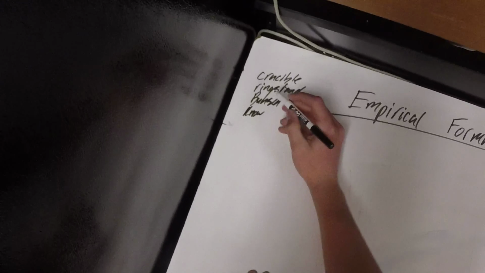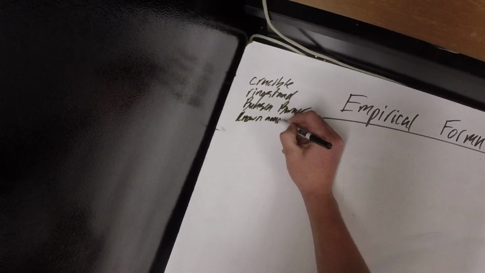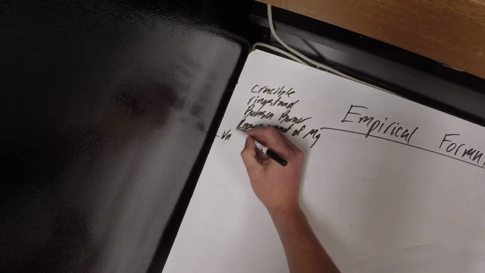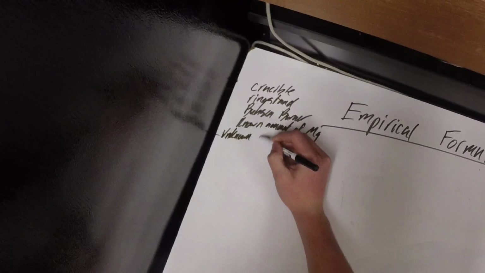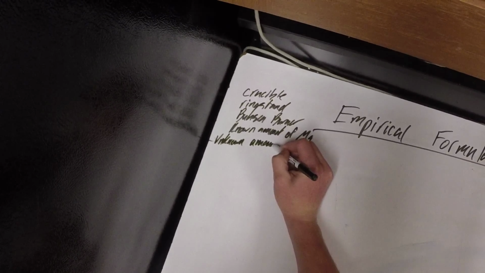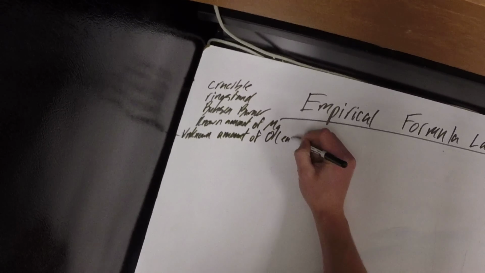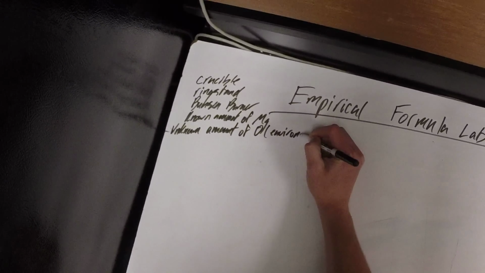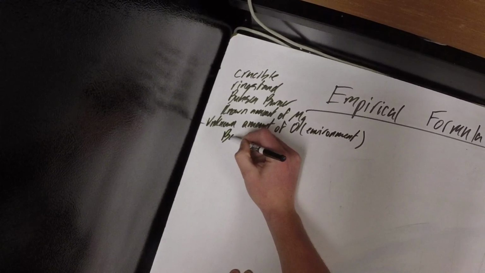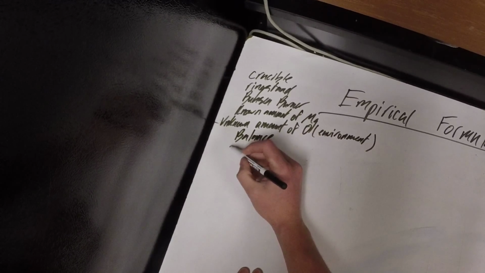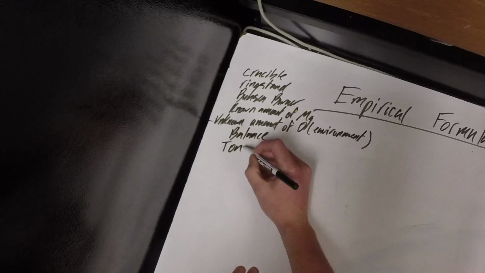A known amount of Mg and an unknown amount of oxygen from the environment. You're going to have a balance, and you're probably going to want some tongs so you don't burn your hands.